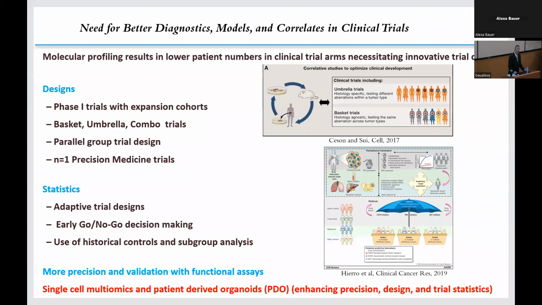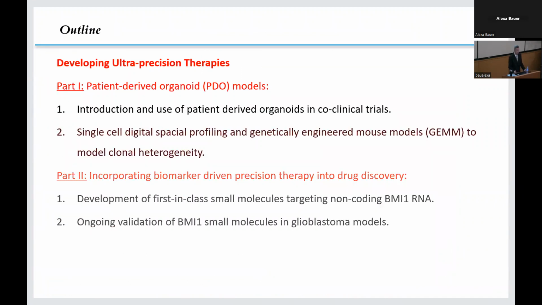So we need to really improve on the Simon-type phase 1 studies, the focus on maximum tolerated doses, and all the things that in the clinic do not serve directing or personalizing cancer therapy. These are ideas that are put here. I would argue that the patient-derived models and the single-cell multiomics are key in implementing these new types of co-clinical trials and correlates within these trials.